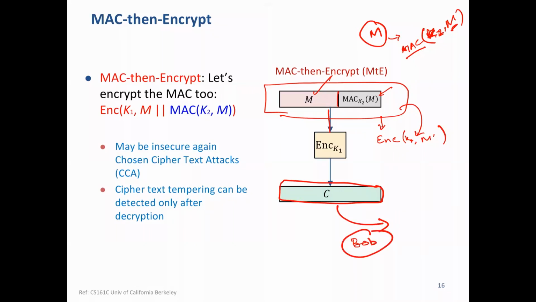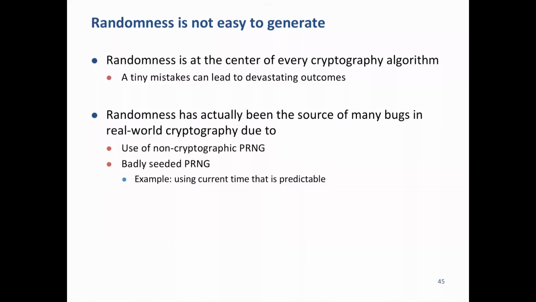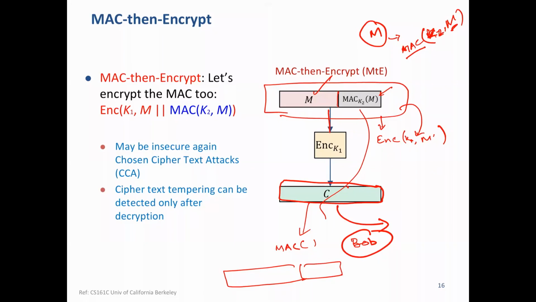Now the question you may ask is, how will Bob come to know what is the MAC? It has to somehow find out the MAC portion, this portion, and the ciphertext, right? These are part of protocols that we are not going to study now.